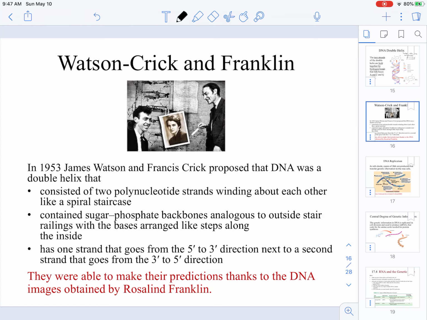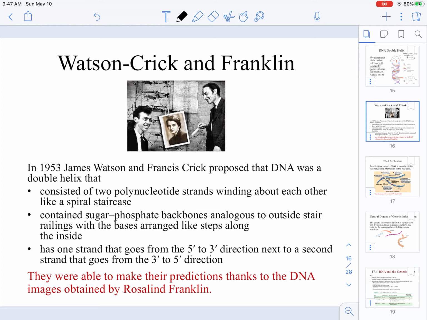In 1953, James Watson and Francis Crick proposed that DNA was a double helix. They also suggested that it consisted of two polynucleotide strands that are winding around each other like a spiral staircase. And remember that these two are going to be anti-parallel.